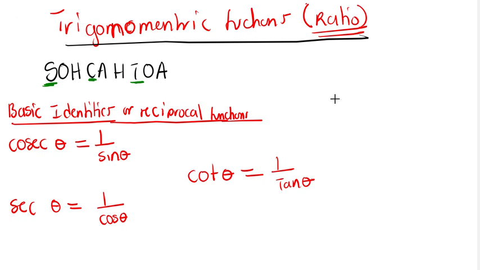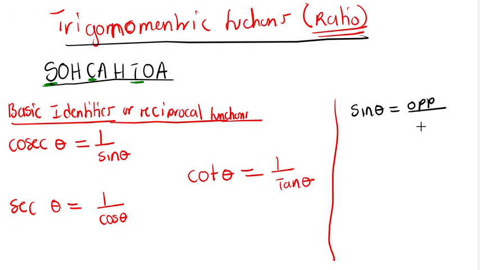I want you to remember that we were doing SOH-CAH-TOA. Sine theta is equal to opposite over hypotenuse.